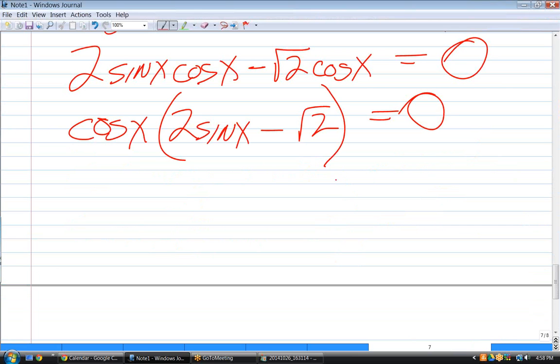In other words, the first solution is cosine x equals 0. Well, where does that happen? With 0 and 2 pi, where is the cosine equal to 0? No, actually not. Cosine of 0 is 1.